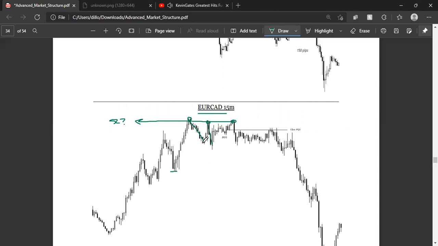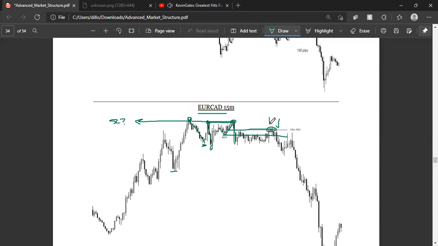This rejection, maybe on a lower time frame down here, broke structure, and then respected here, and we broke this low here. So we're on the 15-minute. If we decided to take the risk and sell here, it would be okay. But we are doing this for educational purposes.